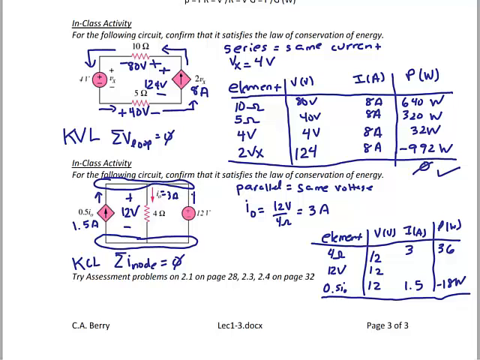Therefore, I need 1.5 more amps to go in so that the sum of the currents into the node equals the sum of the currents out of the node. Based upon that, the 12 volt source has a current of 1.5 amps. Since that current flows from the negative terminal to the positive terminal, that would be negative 18 watts.